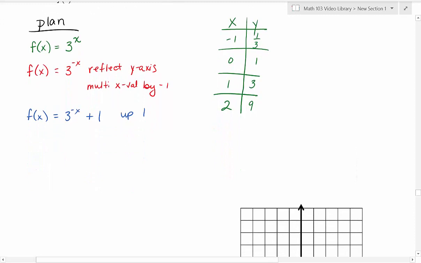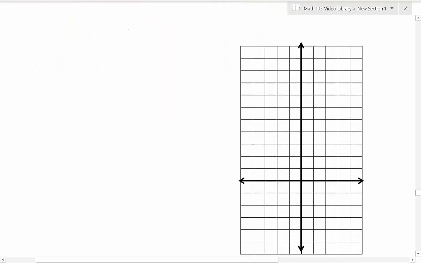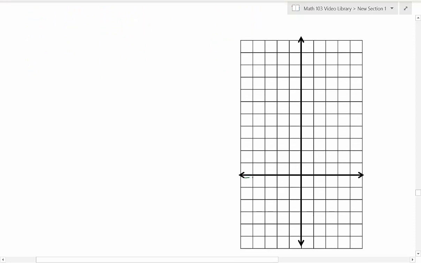Remember that all of our parent exponential functions have a horizontal asymptote on the y-axis. And we'll plot our points: -1, 1/3; 0, 1; 1, 3; and 2, 9.